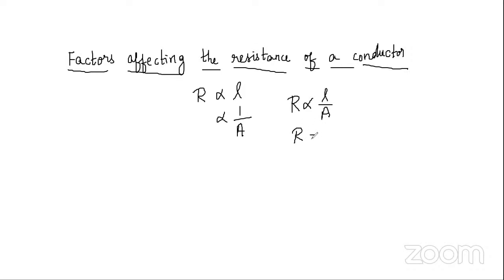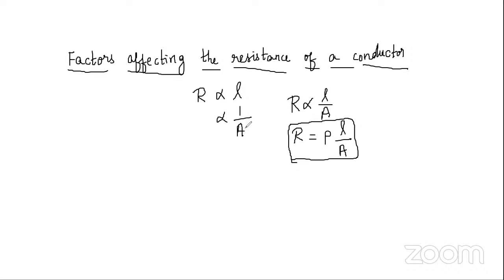So here, remove the proportionality and put an equal to sign: R equal to rho into L by A. That means the length of the conductor is directly proportional to the resistance, and the area of cross section is inversely proportional to the resistance. These are the factors affecting the resistance of a conductor.